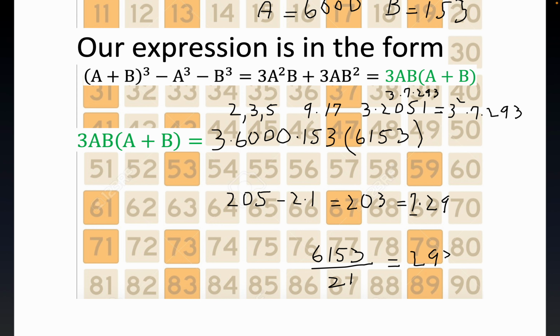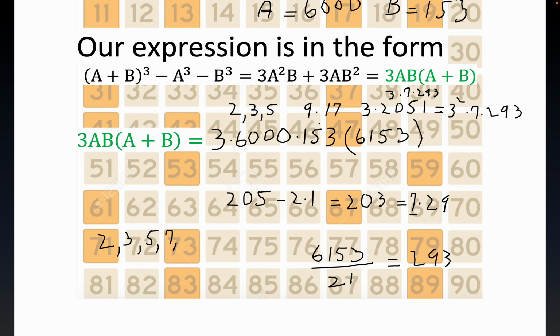So yeah, let me write down all the prime factors and get them all in one place. The answer would be 2, 3, 5, 7, which we just found there at the end, sort of, 17, which we found early on, and then the hardest one, of course, is 293.